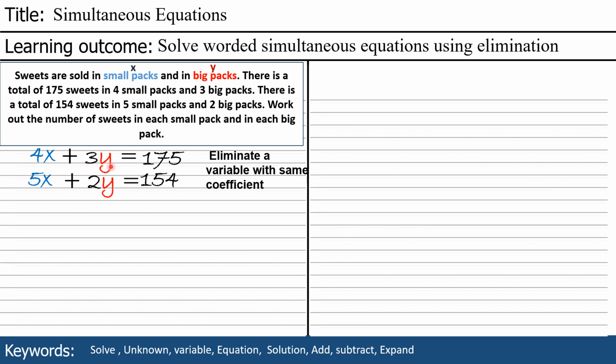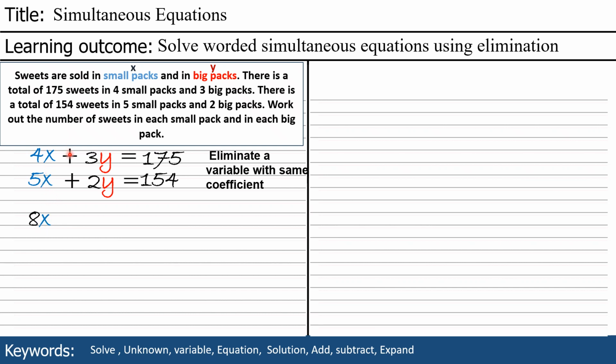So in order to get our y coefficients to be the same, we have to multiply equation 1 by 2. So 2 multiplied by 4x is 8x.